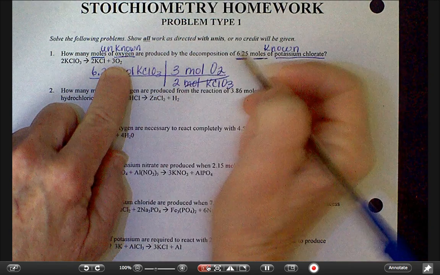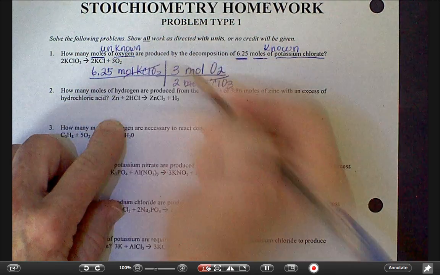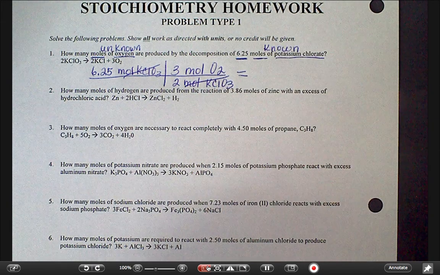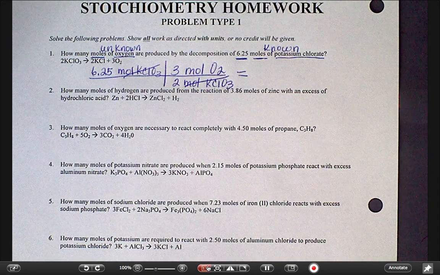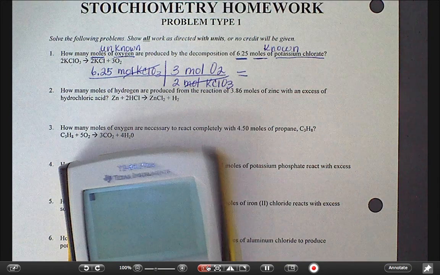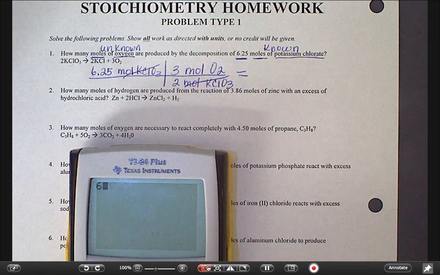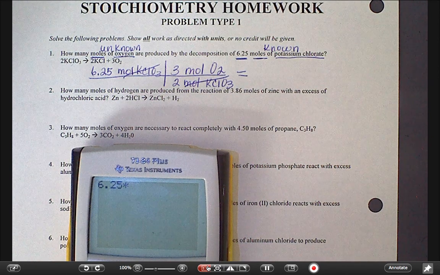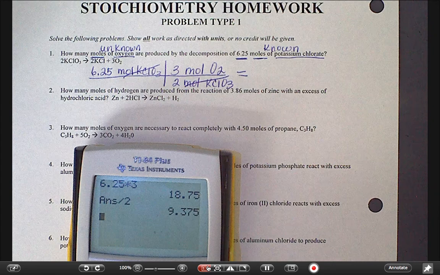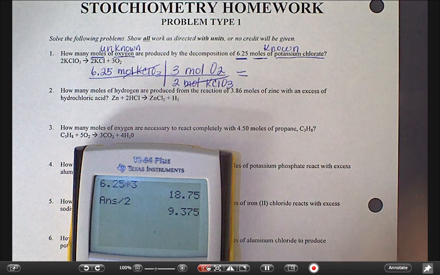And you can see that mole of KClO3 does what? All right, so 6.25, let me get my handy dandy calculator here. 6.25 times 3 is 18.75 divided by 2, and we get 9.375.